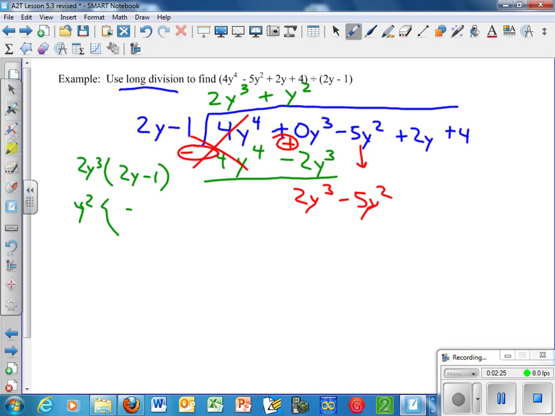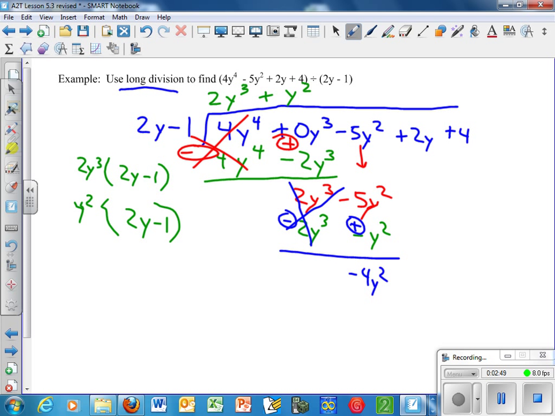So now I'm going to take y squared times 2y minus 1, which is going to be 2y cubed minus y squared. We're going to subtract, change to the opposite sign, and it drops out. Negative 5y squared plus 1y squared is negative 4y squared. Carry down my 2y, it's positive.